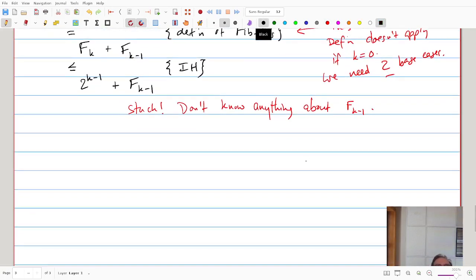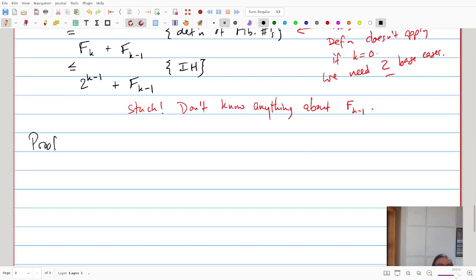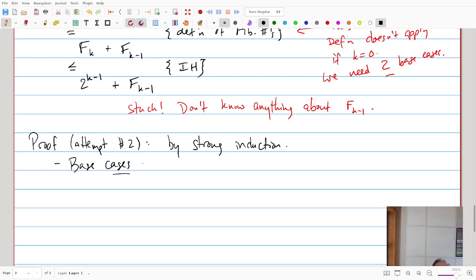Alright, so let's prove section number 2. This one will actually work by strong induction. So, base cases, well, F0, we already did F0, right?